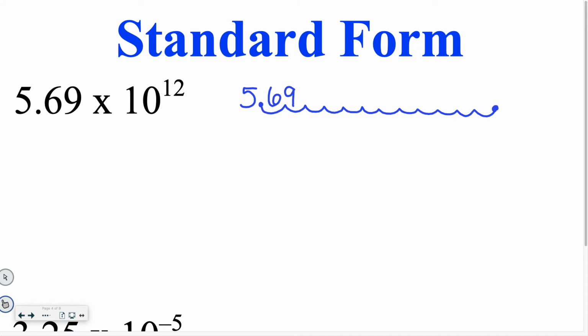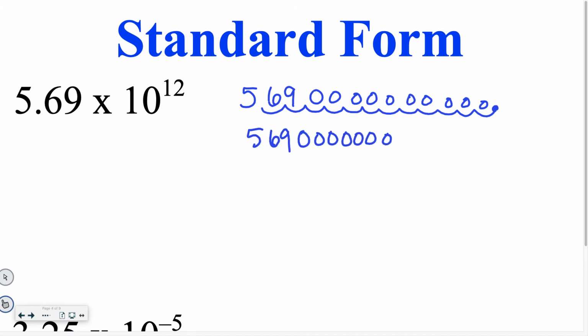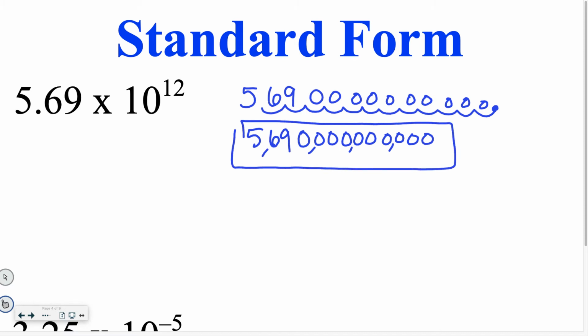And there's my new decimal point. So you can see that's a very, very large number that we don't normally work with numbers quite that large, but in this case, we are. Okay, so that would be my answer. I moved my decimal 12 units to the right.